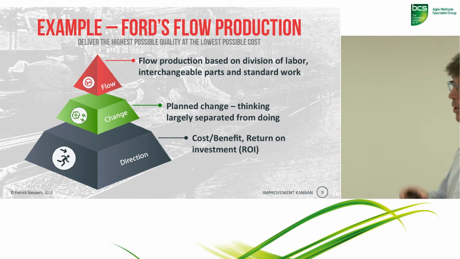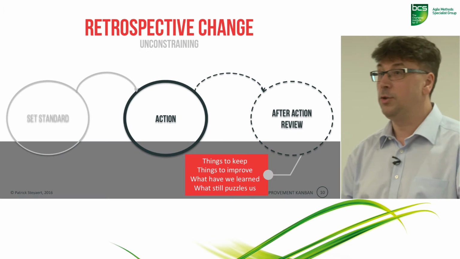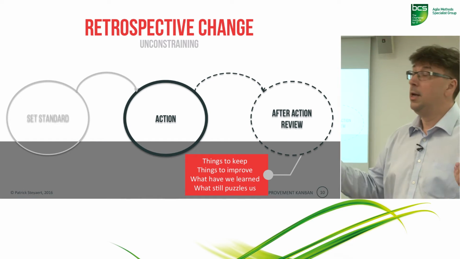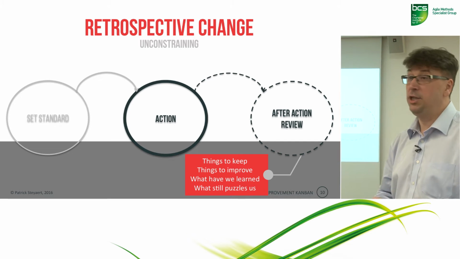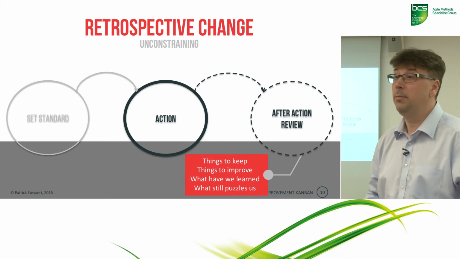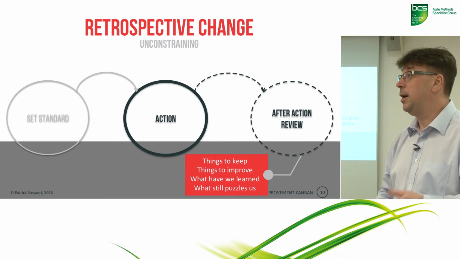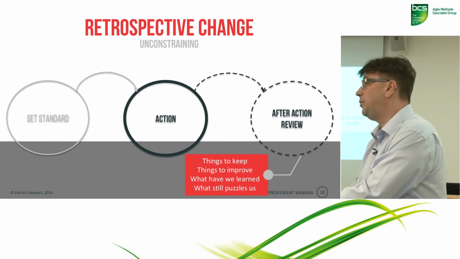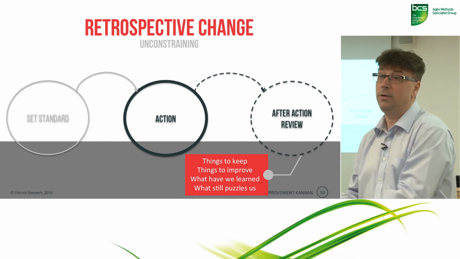So on the opposite side, we see retrospective change. So retrospective change is popularized by agile development methods like Scrum. It's about after the action, after doing something, we have an after action review. Okay, we have a retrospective.